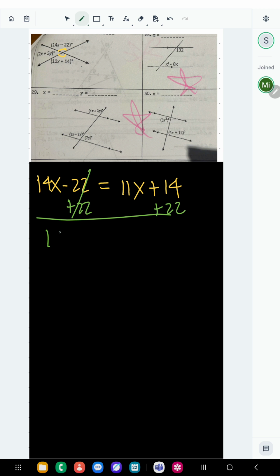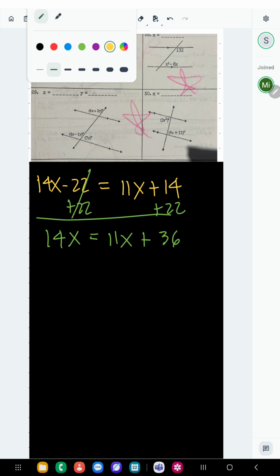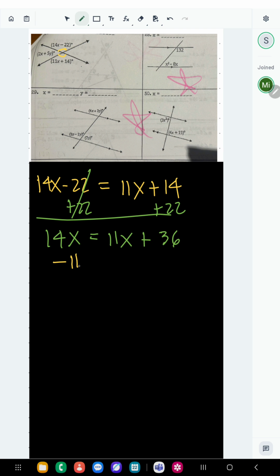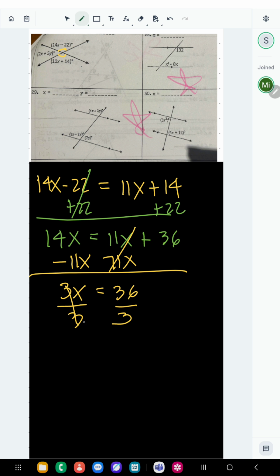This cancels out, so we're left with 14x equals 11x plus 36. Got that? Then we subtract 11x from both sides. 14 minus 11 is 3. So 3x equals 36. Then we divide both sides by 3. Then x is equal to 12.